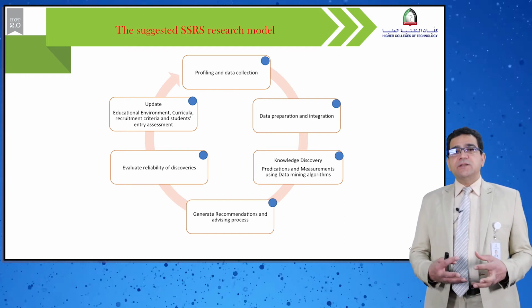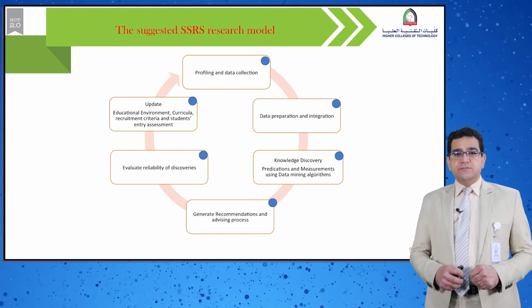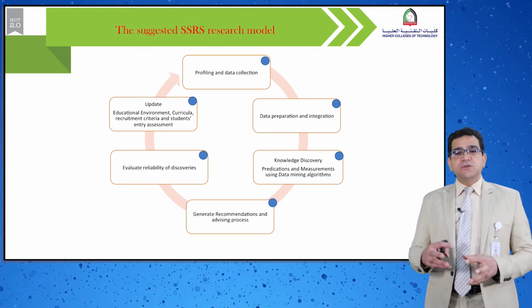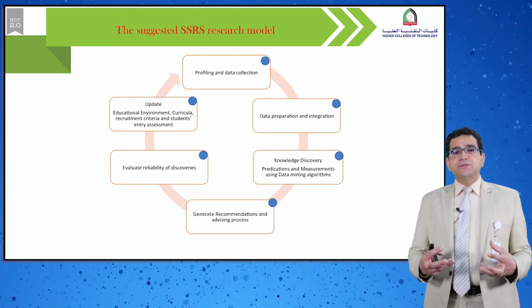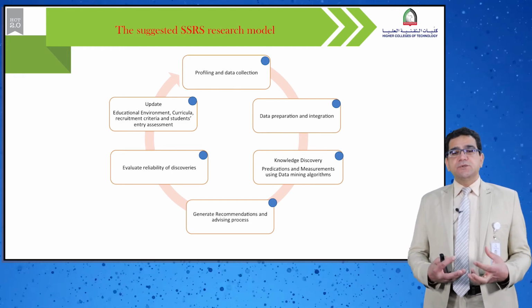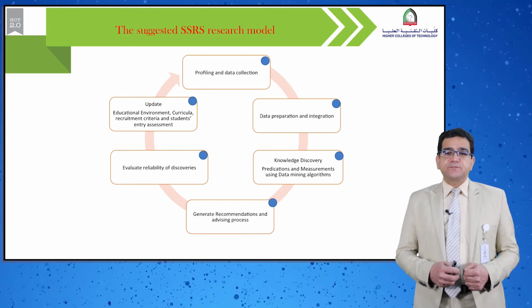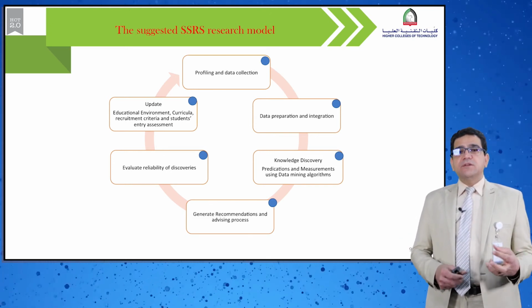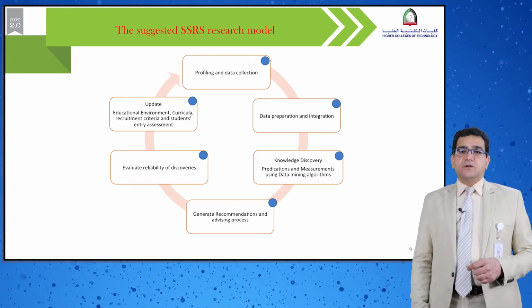Then we need to adapt and implement machine learning and data mining algorithms to find the correlation between these factors, comparing them to the optimal graduate student. Then we need to generate recommendations, or this tool will provide recommendations generated based on analyzing the data and discovering the knowledge. Then we need to evaluate the system and update our system and educational environment.